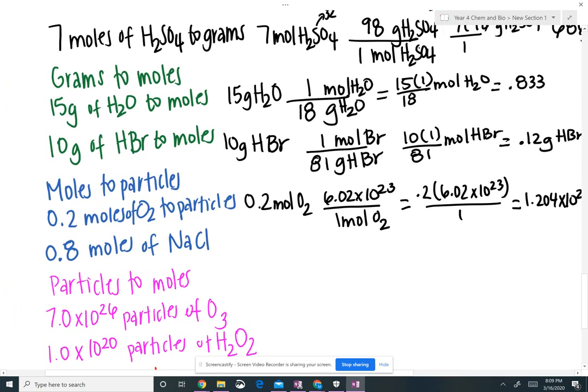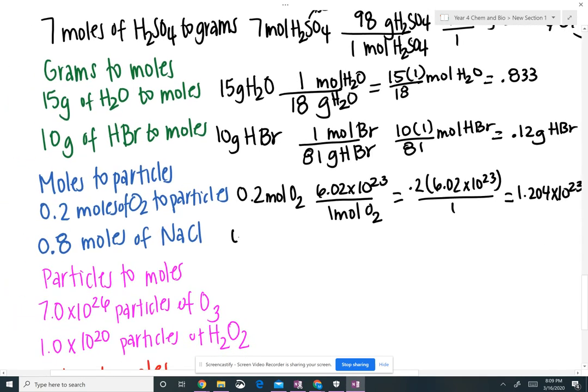Then I'm going to do the same thing for this NaCl. So I have 0.8 mole of NaCl, and I'm going to make sure that I have everything on here. So I should have 1 mole of NaCl, and then particles on top because that is what I'm converting to. I am going to multiply those things.